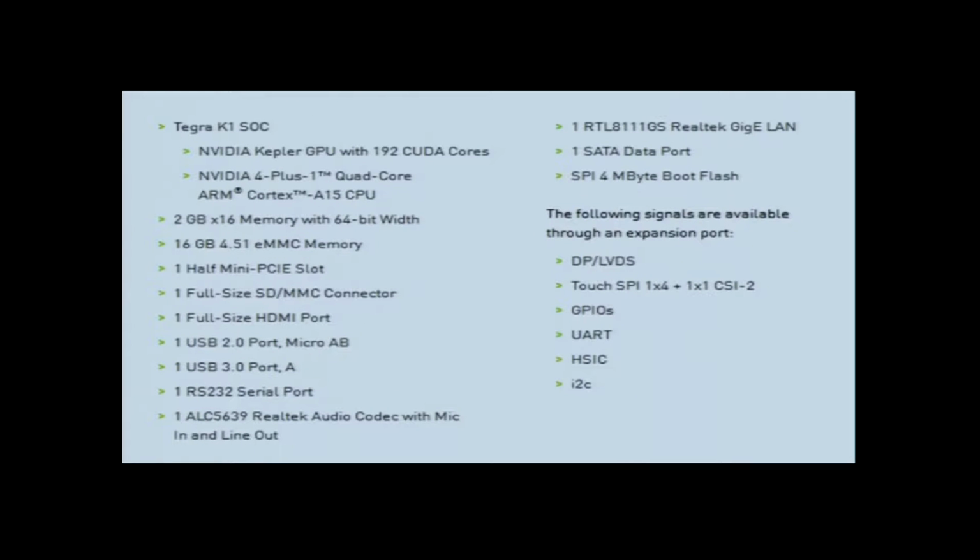If we look at the specs for the Jetson TK1, you'll see that it's got 192 CUDA cores. It's got 4+1 ARM cores. In fact, there's 4 main ARM cores and a second ARM core, which is used for various other things. The 4 main cores run at up to 2.3 gigahertz.